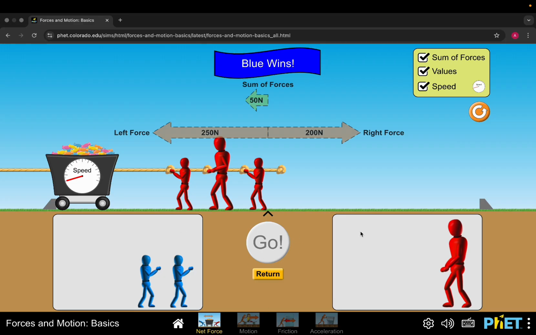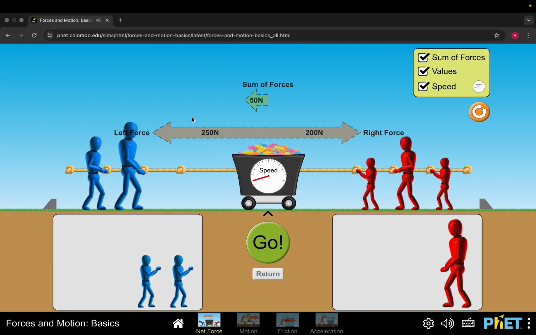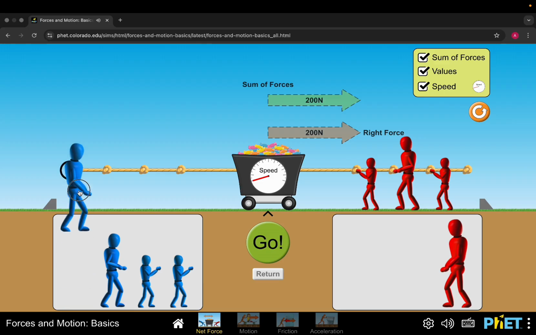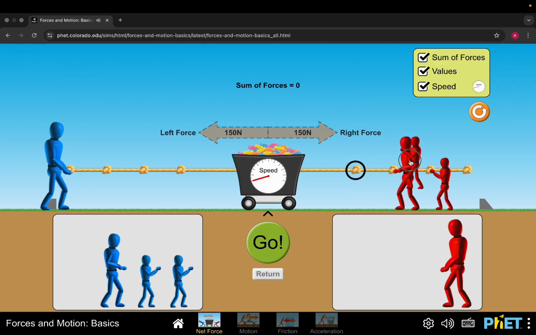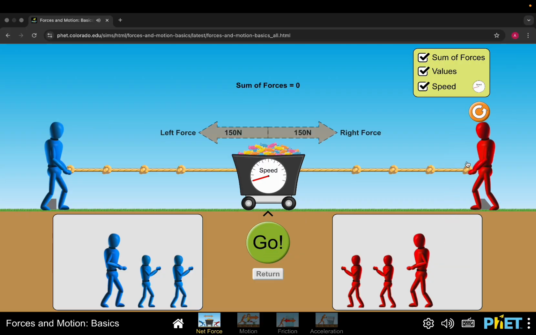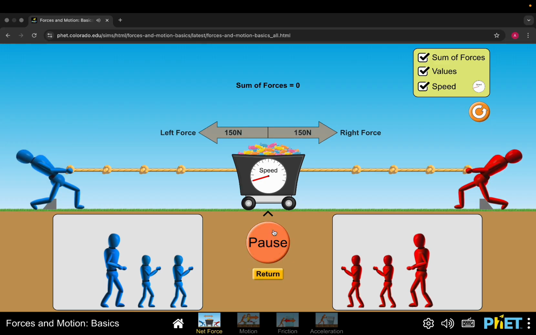This shows Newton's first law, that if the force is zero, motion doesn't change. As you can remember from the beginning, let's add these two big boys, and then the sum of forces is zero, so in consequence, there's going to be no motion, right?